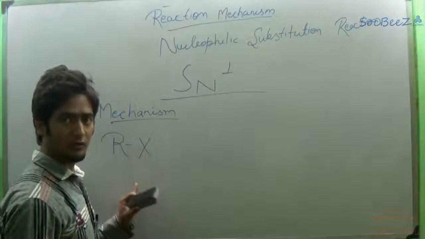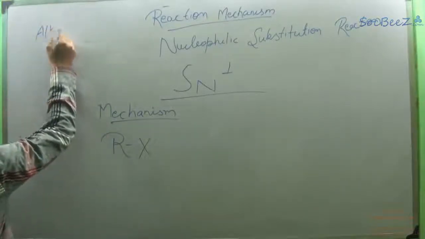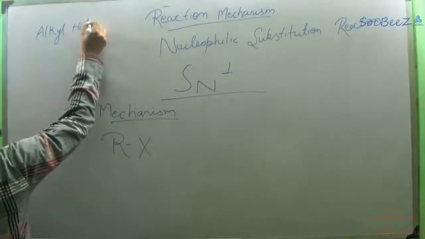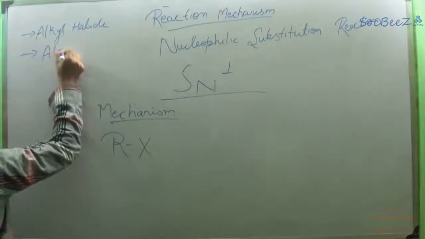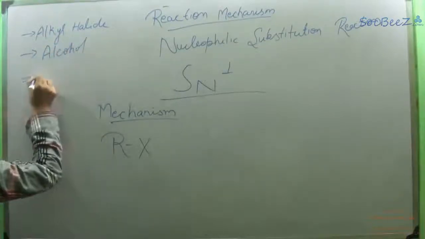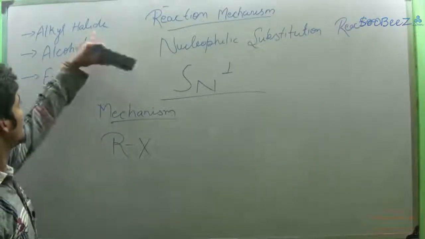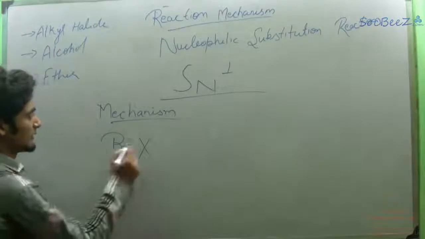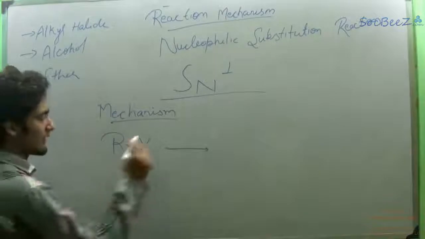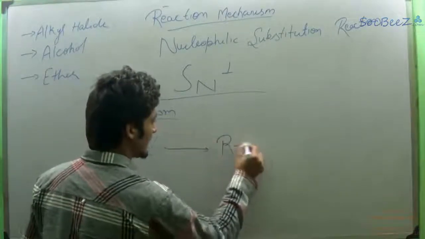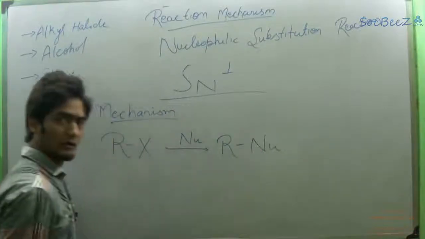We will be discussing all the three molecules, that are alkyl halide, alcohol and ether one by one. So the first one which we will consider is alkyl halide. In alkyl halide, let's suppose this RX reacts with a nucleophile.